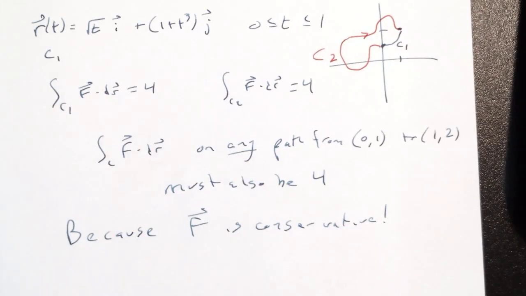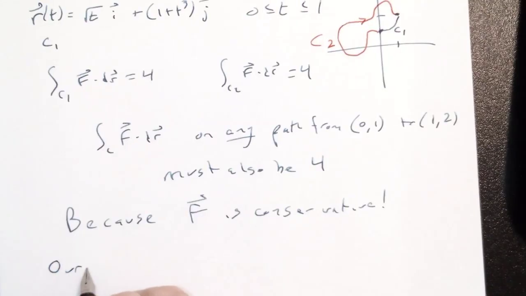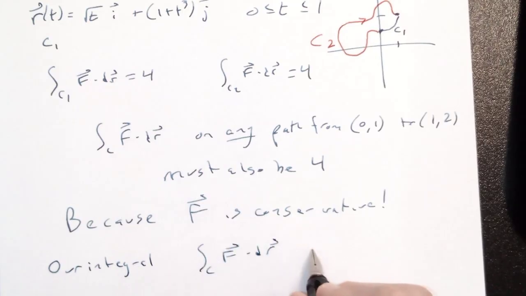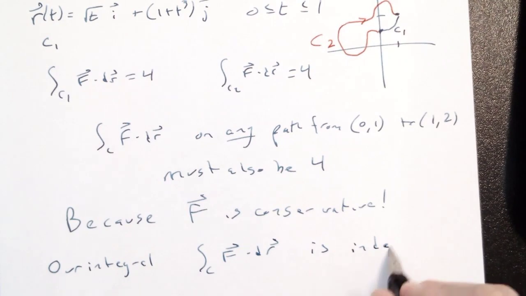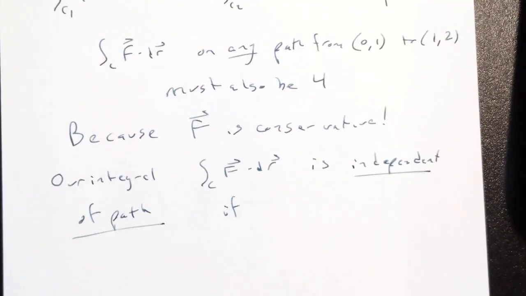As a matter of fact, we can actually use this idea of the way our integrals are working to tell us whether or not a vector field is conservative. Our integral over C of f dot dr is independent of path if only the endpoints matter.